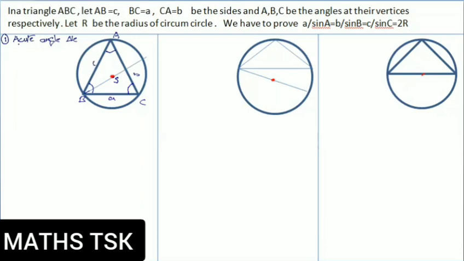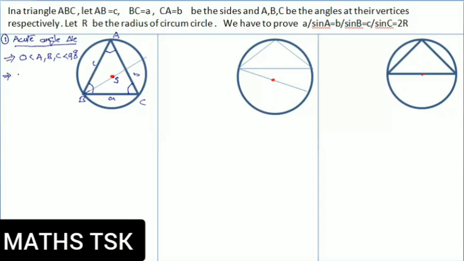So, for an acute angled triangle, 0 is less than A, B, C, less than 90 degrees. All the angles must lie between 0 and 90 degrees. That is the first point, about angles. The second point is about the sides.